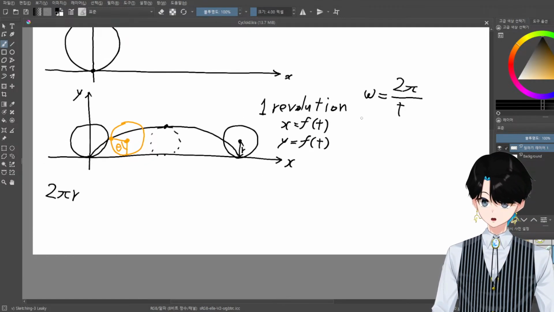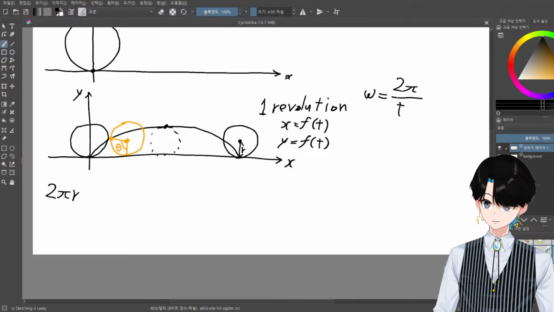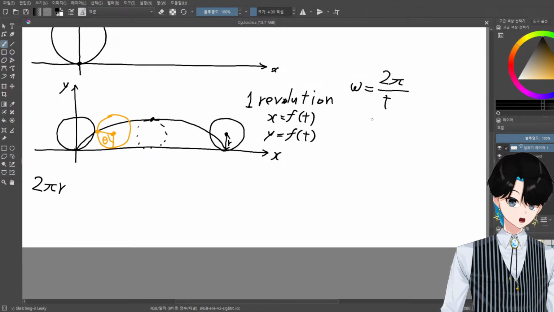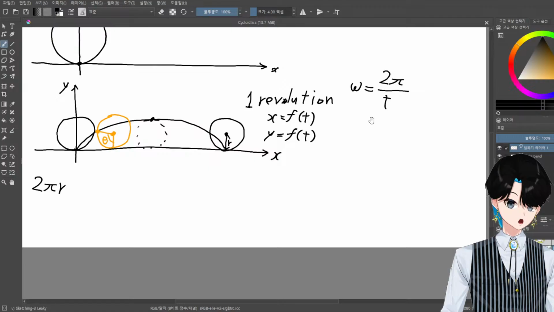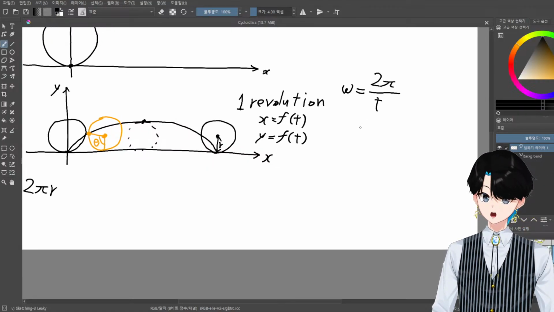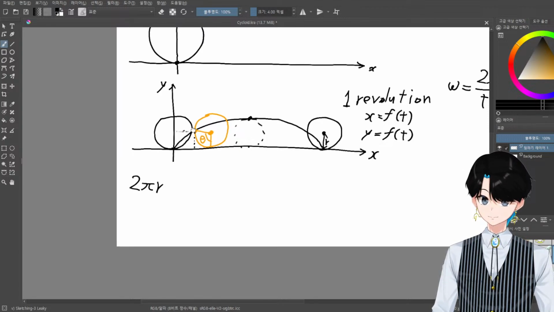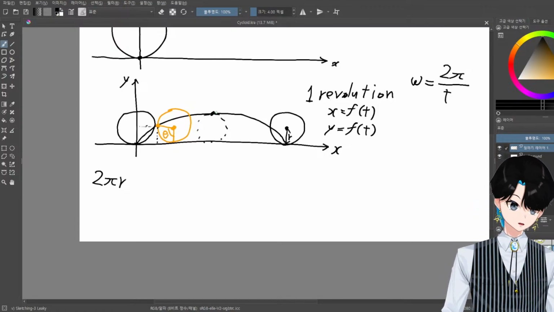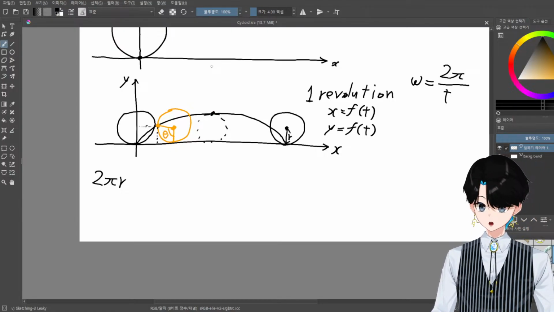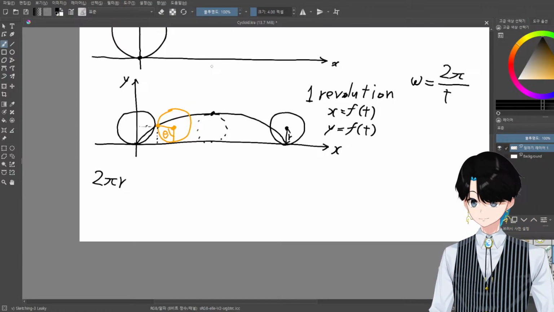Okay, so this is 2 pi over t. Hey, this might actually be easy. That's good. I have lots of stuff to do. I really have to finish this early.